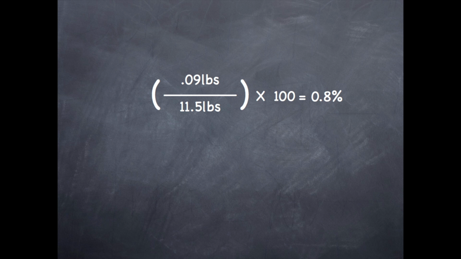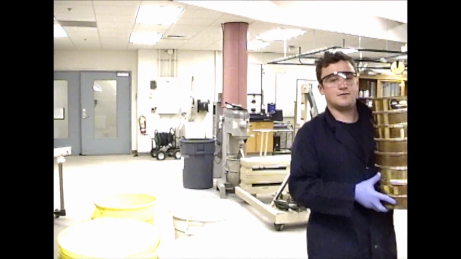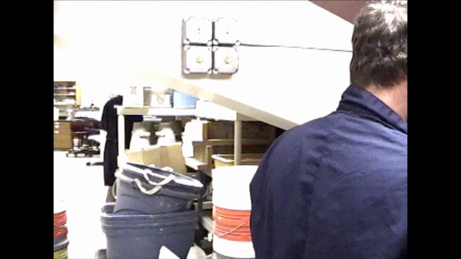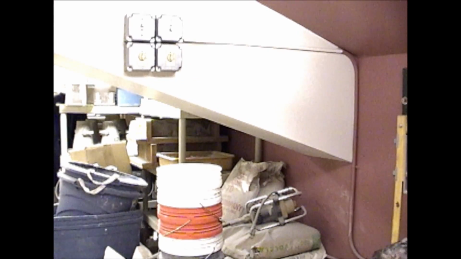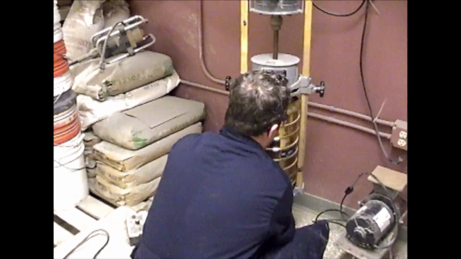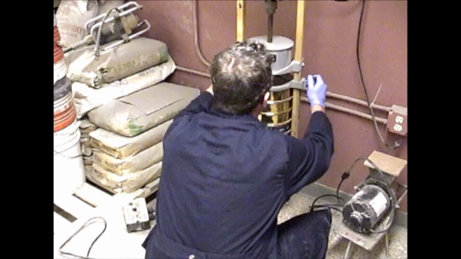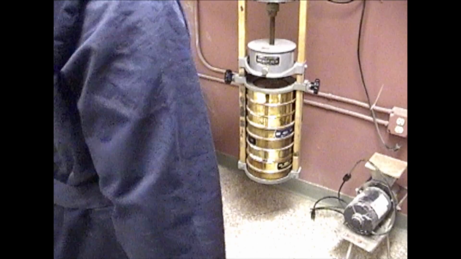This would be 0.8%, which is greater than the specified 0.5%, meaning that we have not sieved this material for a sufficient amount of time and therefore must re-sieve it and increase the amount of time that we sieve the actual material. However, for the purpose of this example, let's assume that we did actually sieve long enough and move on to our next calculation.